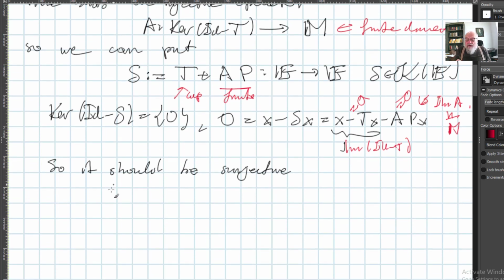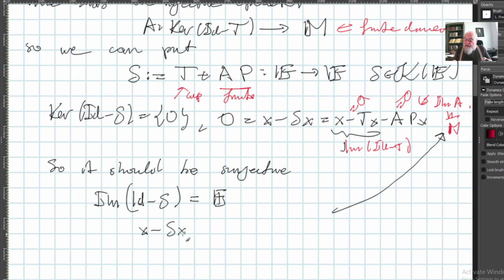And in such a case, the surjectivity implies that the image of identity minus S must be equal to the whole E, but this is not true, because it was noticed here in this decomposition that x minus Sx is equal to x minus Tx.